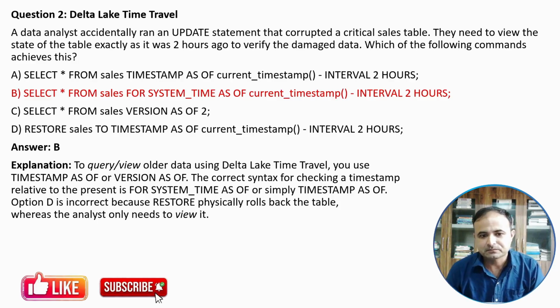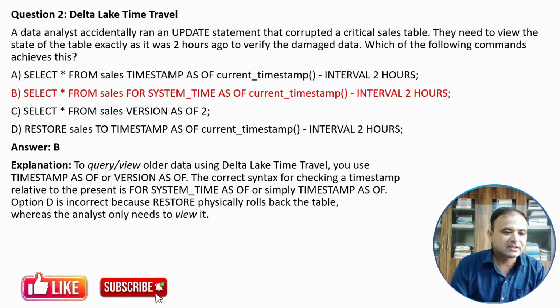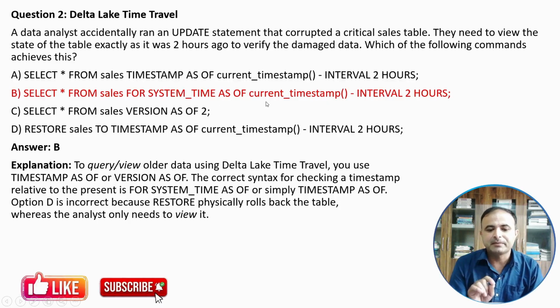Which of the following commands achieves this? Select star from the table timestamp as of current timestamp minus interval 2 hours. You just want to identify the state from 2 hours ago, so that is the right answer for this scenario.